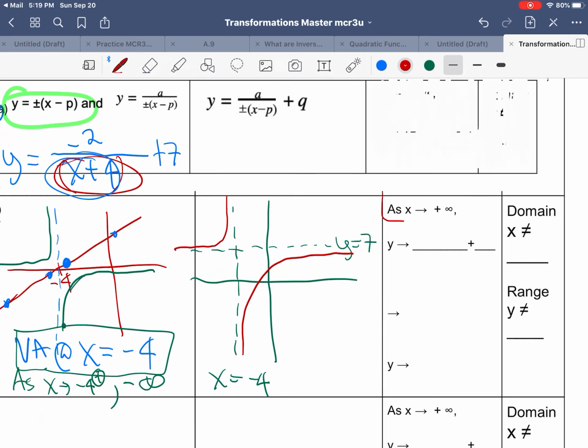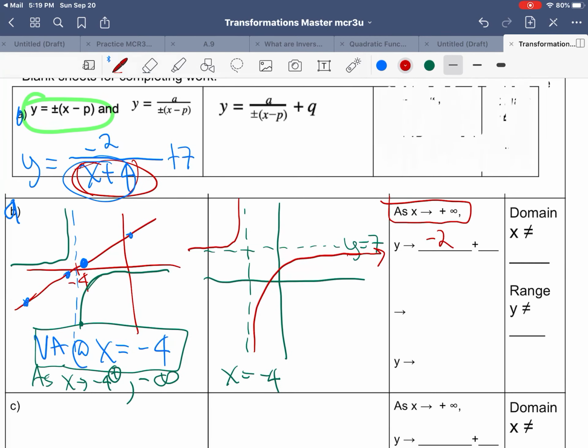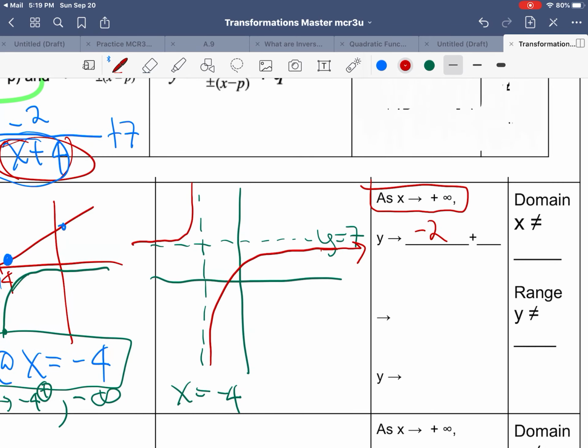Now one of the final things here is to check and see, did we do this correctly? As I approach positive infinity for x, that means I'm going to go as far as I can to the right, a huge number. So what's my equation? Negative 2 divided by infinity plus 4, plus 7. Well, how big is that? Infinity plus 4 is like 1,000,000,004.